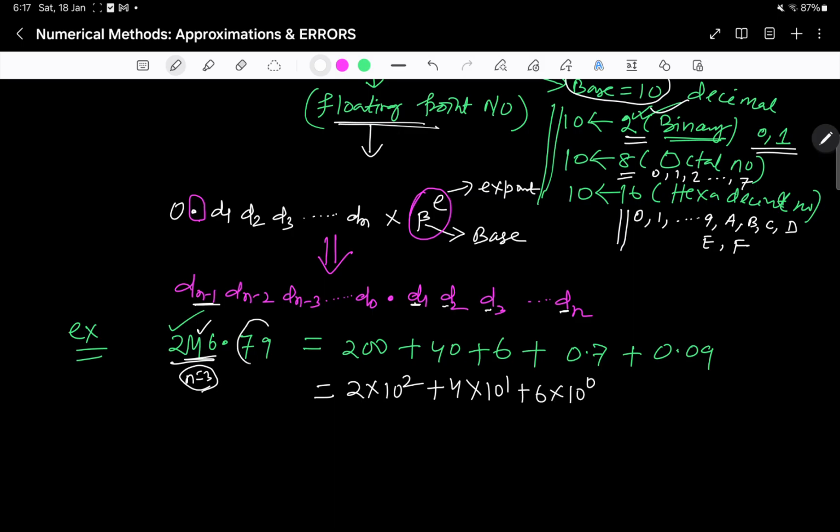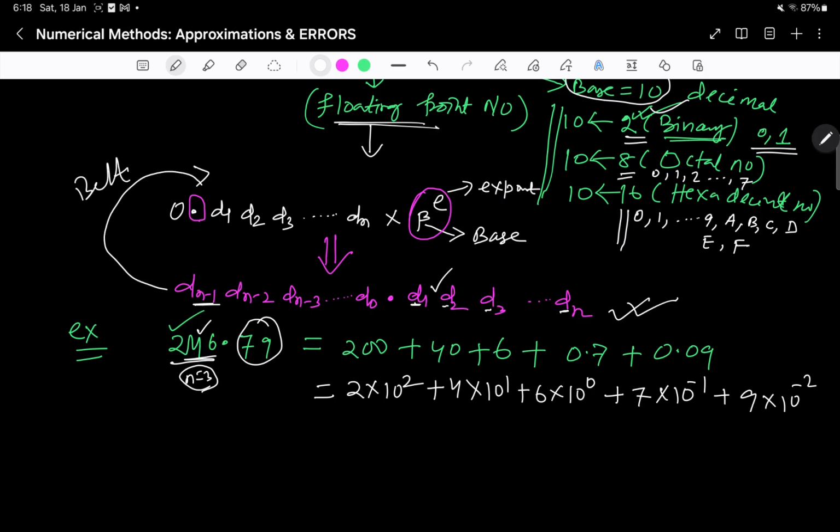Now for this part we have 7 into 10 to the power minus 1, and next will be 9 into 10 to the power minus 2. So this is what is written like this. But the better form is this, because we are able to place the point on the basis of the adjustment of beta to the power e, or 10 to the power some e.